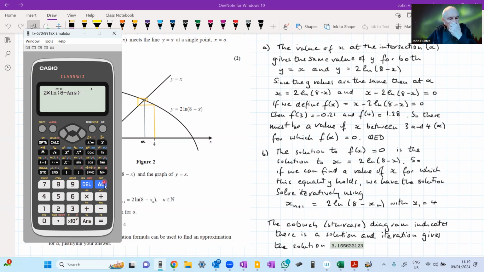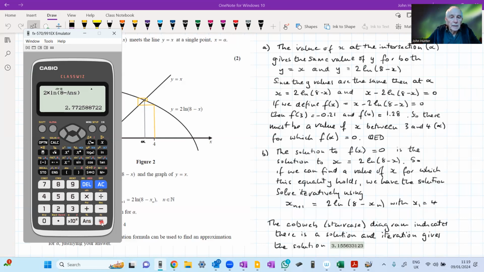Now, when we hit the equals key, we're going to get what this evaluates to, and that automatically goes into the answer location on our calculator. So therefore it's ready again to use this iteration formula again.